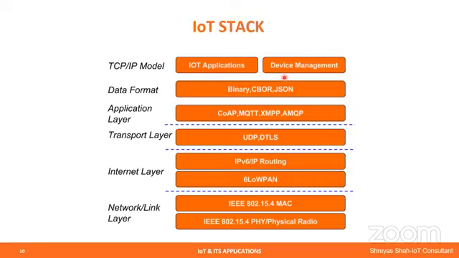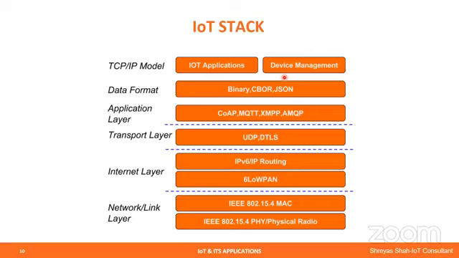Now to control that RF, or to talk to the RF, we need multiple things like the exchange of data. How can it be done? We need the transport layer, that is the transmission of data. Then how will we transmit that data? Then the internet comes into the picture. Now there are billions of devices, how can we connect to each device dedicatedly? So there is a provision of IP-based routing, that is IPv6 or IPv4 or 6LoWPAN.